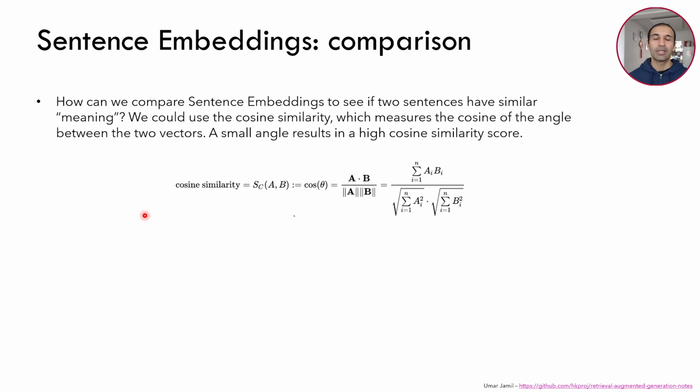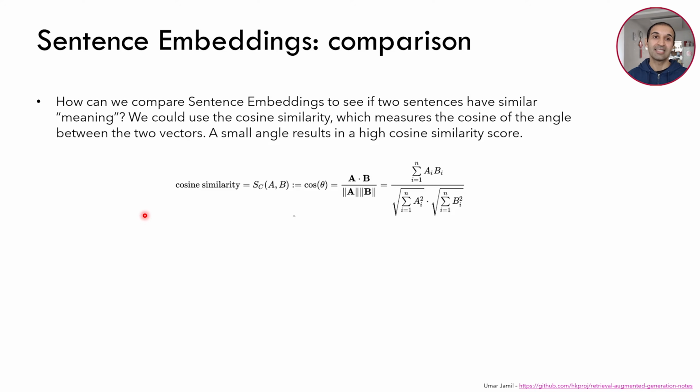Now, how can we compare sentence embeddings to see if two sentences have similar meaning? For example, imagine one sentence is talking about the query, for example, how many parameters are there in Grok 0, and then we have another sentence that talks about how many parameters there are in Grok 0. So how can we relate these two sentences?